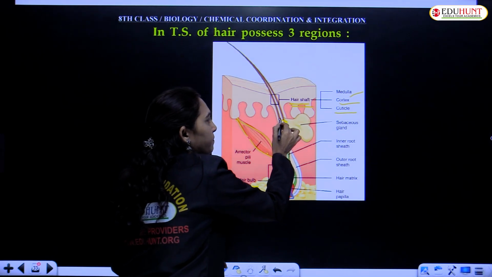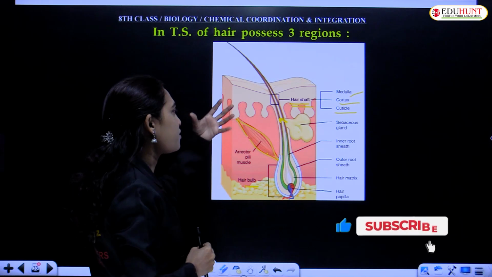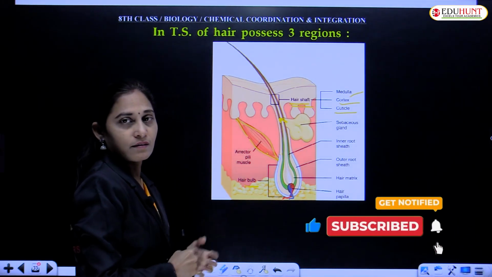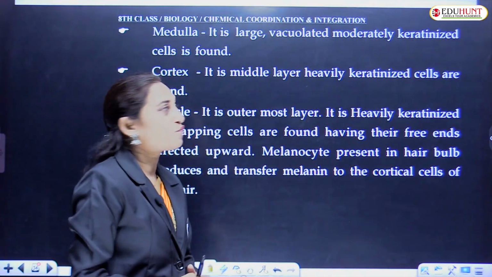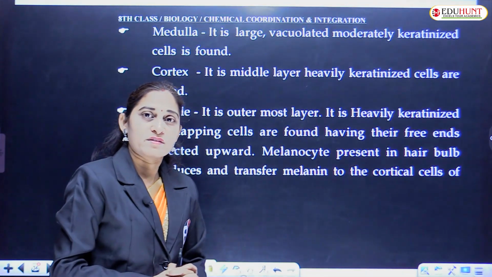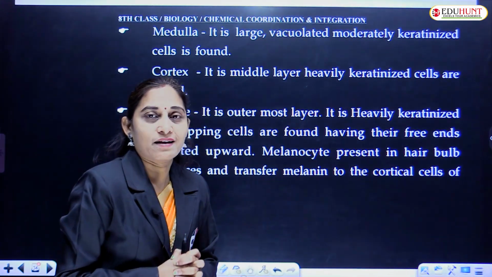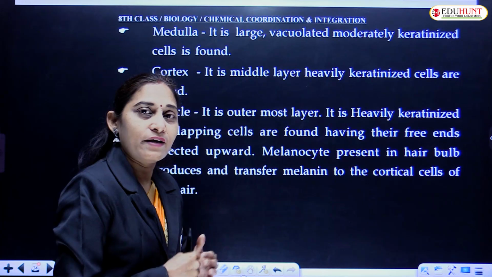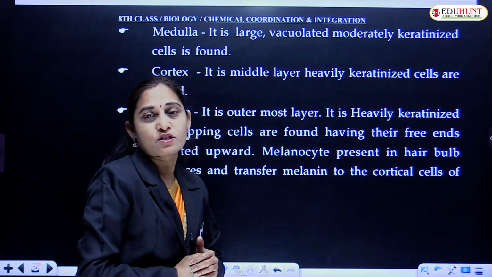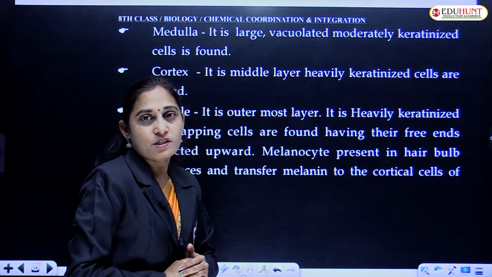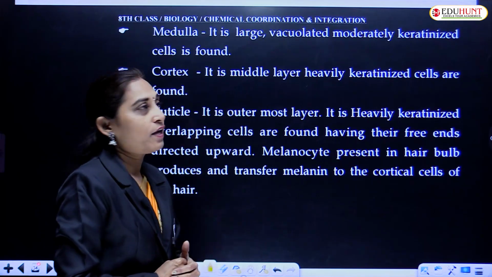It releases the oily secretion onto the surface of the hair shaft. Because of that, it comes to erect position called goose flesh. It happens under the control of the hormone adrenaline secreted by the adrenal medulla, and even sympathetic nerve fiber stimulation also causes this action, that is goose flesh, erection of hair.